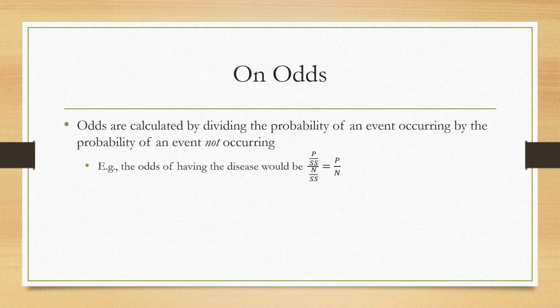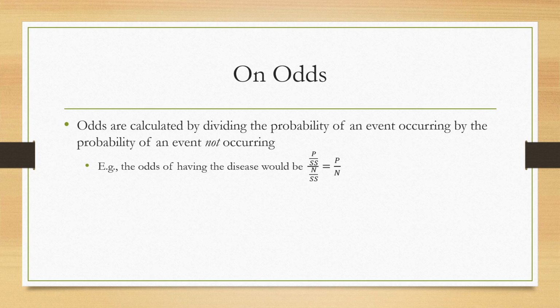And it's all kind of baked into this equation. So consider an equal number of people in both groups. So an equal number having the disease and not having the disease. The probability of having the disease, if there's a 50-50 chance, is 50%, right? There's a 50% chance you have the disease. There's an equal number of people who have the disease and don't. And I think that makes sense to us. Now, if I just report the odds as a number, the odds of having the disease is 1.